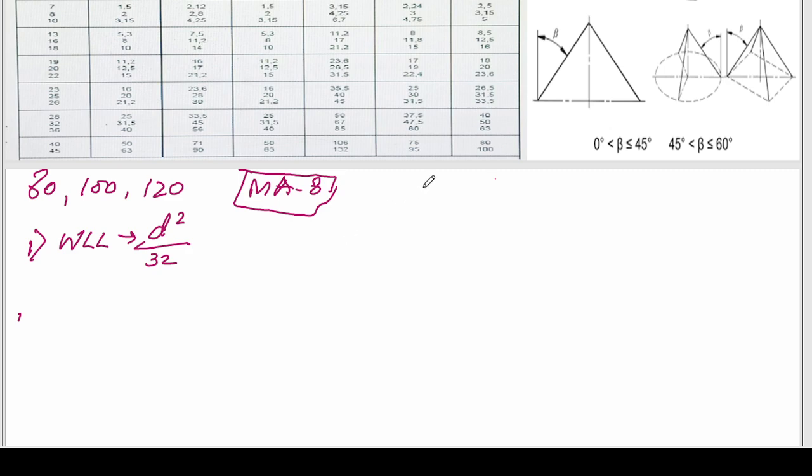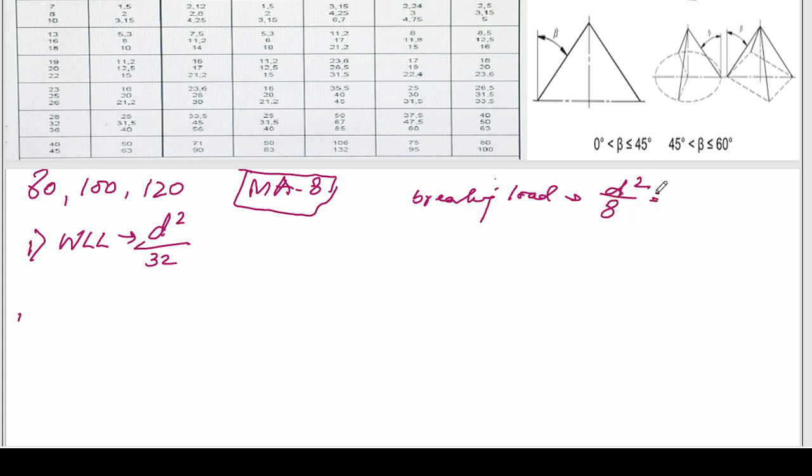Actually, there are three categories of loads: proof load as well as breaking load. First we take the breaking load. At the breaking load, the factor of safety etc. are not there. The maximum load it can break at can be d square by 8.